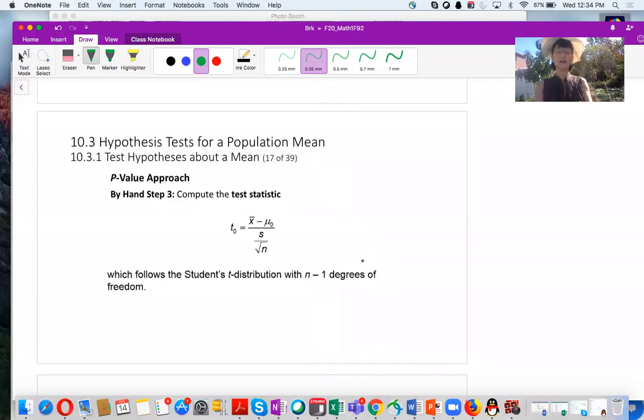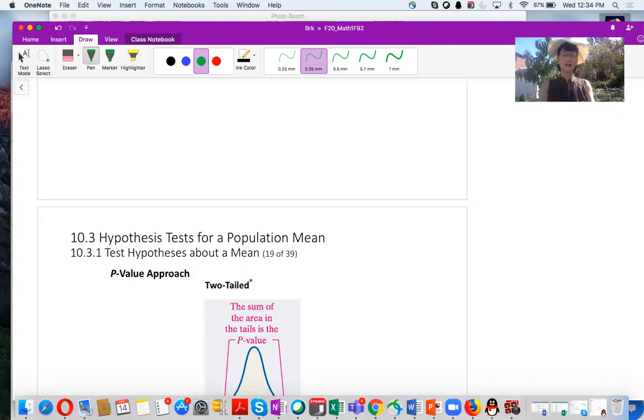When you use the p-value, the first 3 steps are the same as when you use the critical value. So when you do step 3, calculate the test statistic, you find the p-value based on the test statistic. Remember what the p-value is? The p-value is the area corresponding to the test statistic.